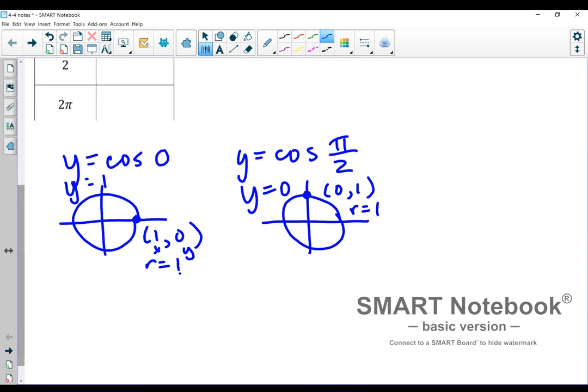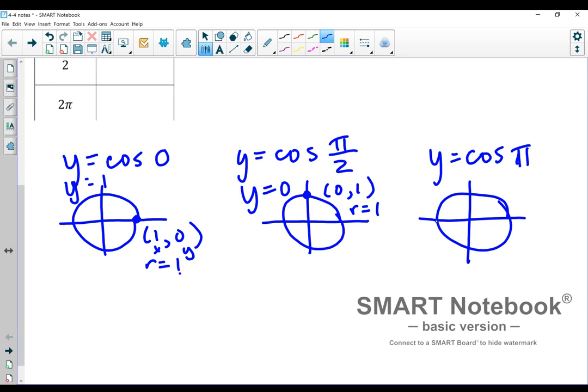And now we're going to look at pi. So y equals cosine of pi. Again, on the unit circle, pi would be 180 degrees. I guess I should be labeling these angles here. So at pi, my ordered pair would be -1, 0. And so my cosine would be my x value at that ordered pair.